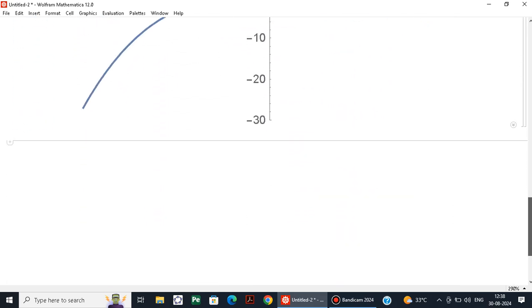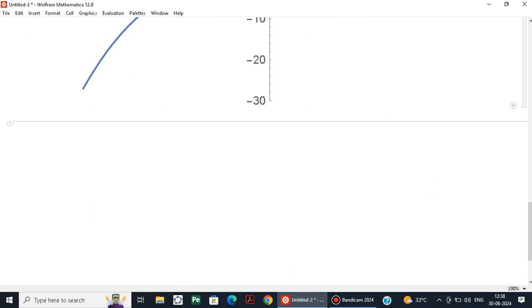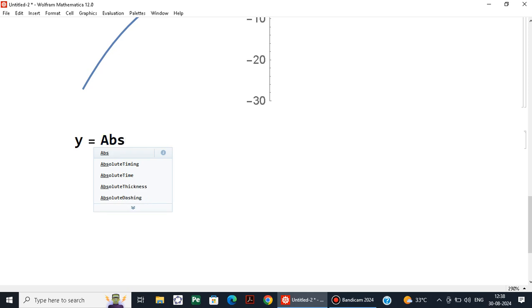Okay, take another example: y = mod x. In Wolfram Mathematica, the mod value for a mod function will be shown by absolute, Abs. You have to type Abs, then in a square bracket you have to type x.